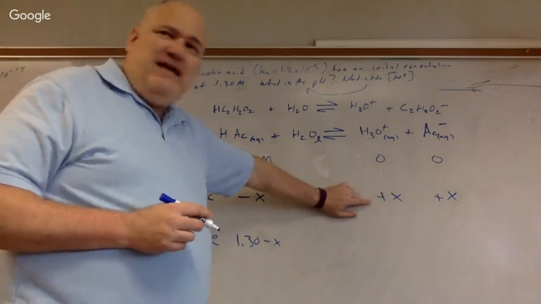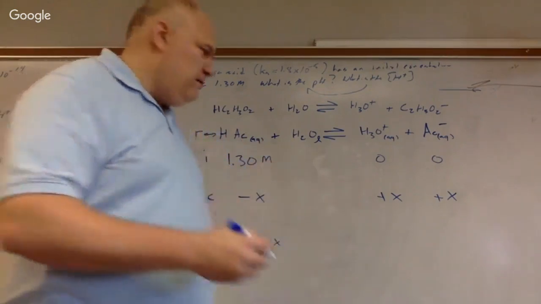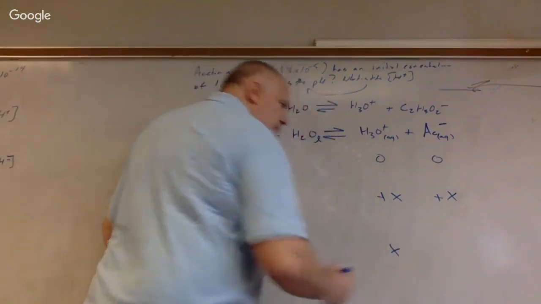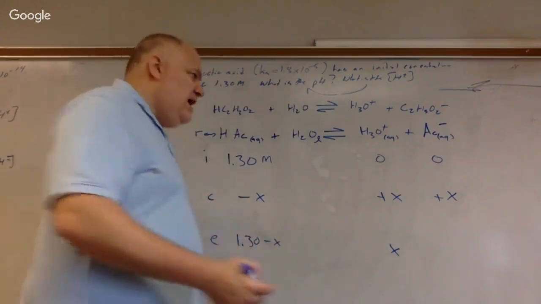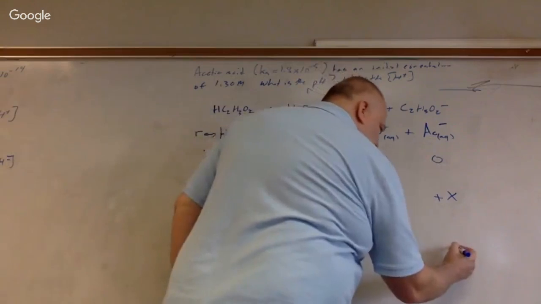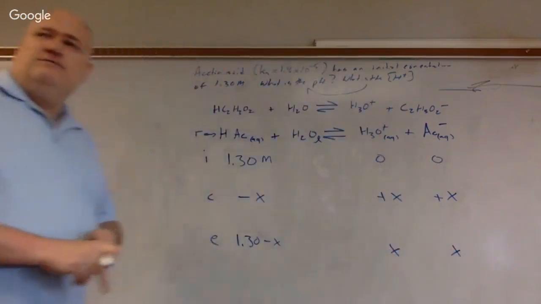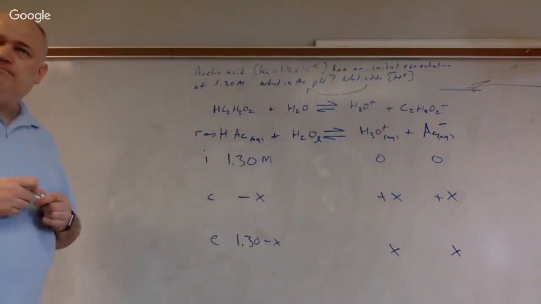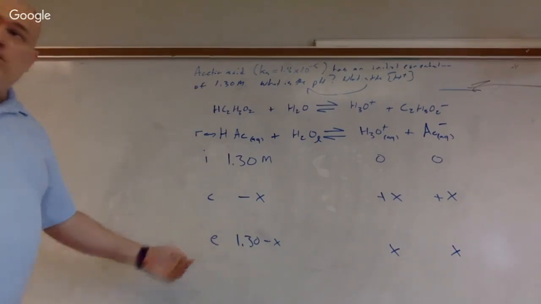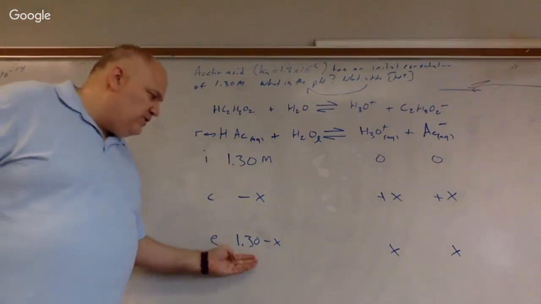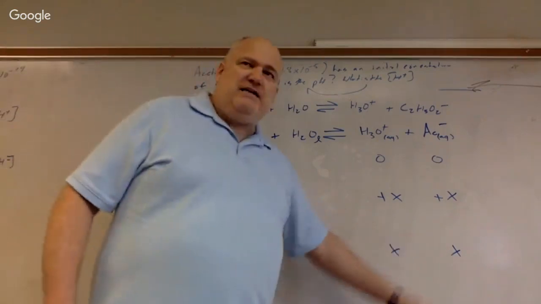And didn't it gain X? So at equilibrium, wouldn't this be X? 0 plus X is X. And similarly for this, 0 plus X would be X. True story? Yes. So we know what the equilibrium values are: 1.30 minus X, X, and X.